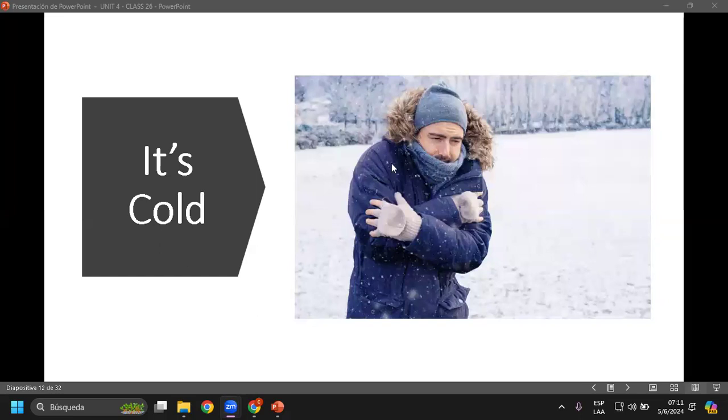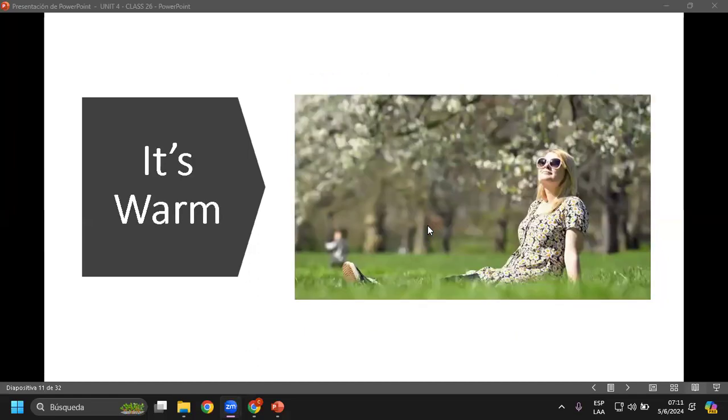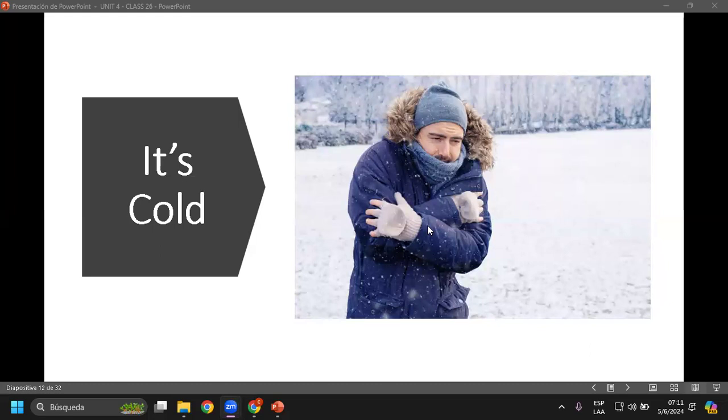So we have cold too. So which one do you prefer? Do you prefer hot, warm, or cold? It's cold. Cold, okay.